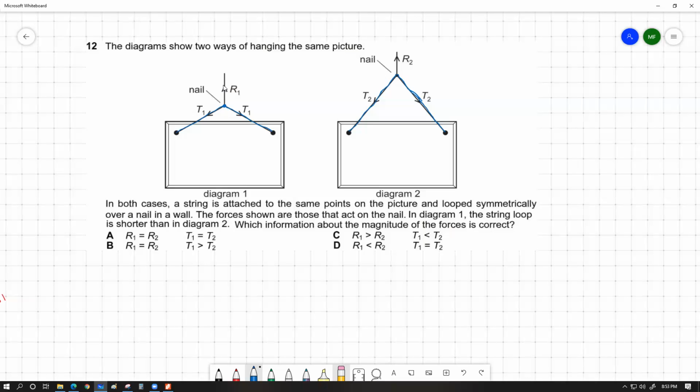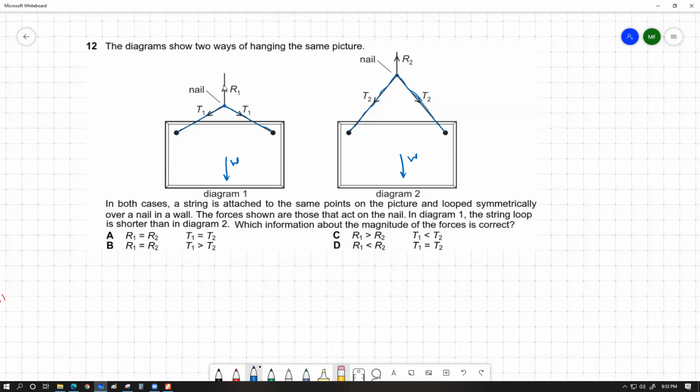What you need to understand is that if we consider these tension forces T1 and T2 not working on the nail, rather the forces working on the individual object, the picture would actually have a weight force working on itself which is equal on both sides.